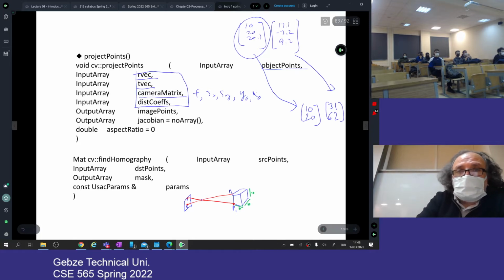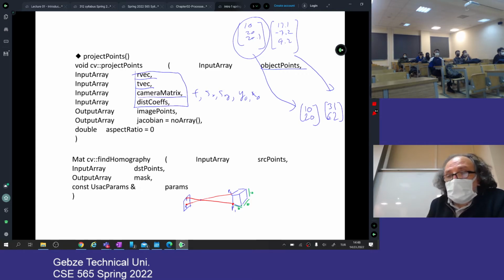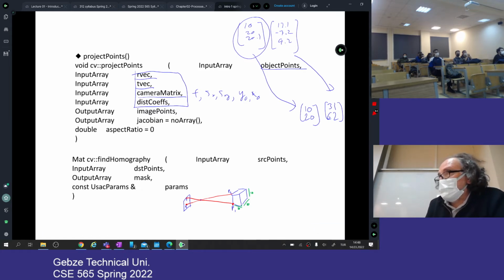So your rotation vector and translation vector have to be changed. If your origin is not with respect to the cube, then it doesn't matter where your cube goes, your camera's tvec and rvec will stay the same. Whatever it is, your camera matrix and distortion coefficients will not change, because you're not changing your camera.